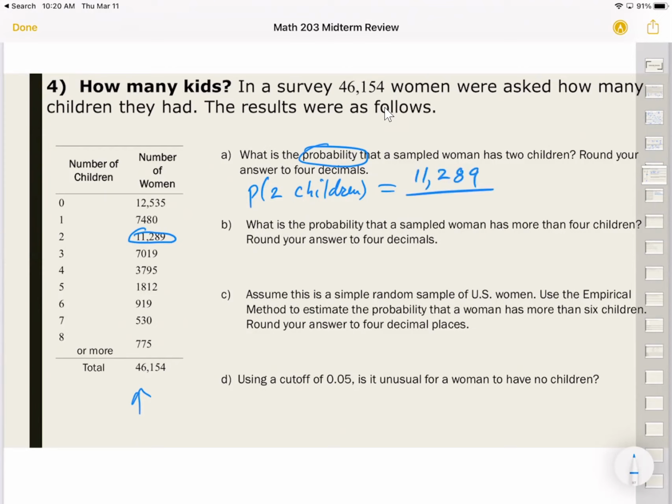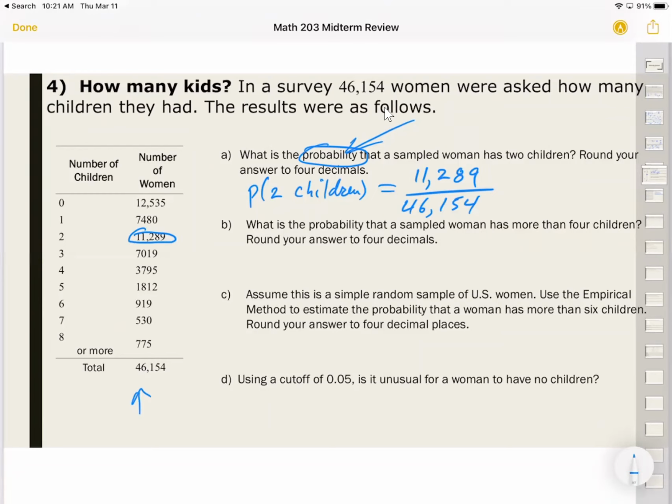We divide it by the total, which is 46,154. You can use your calculator and give 4 decimal places. And reminder, probability cannot be bigger than 1, and cannot be negative.